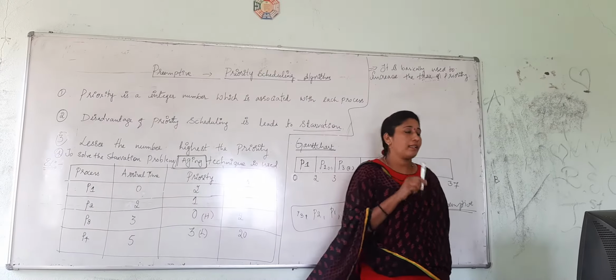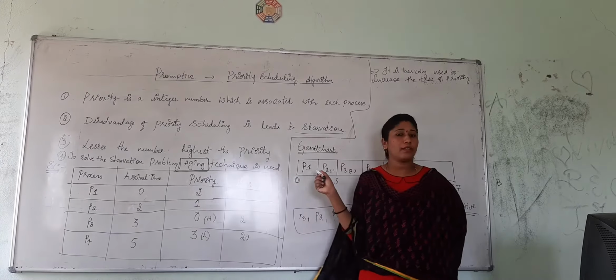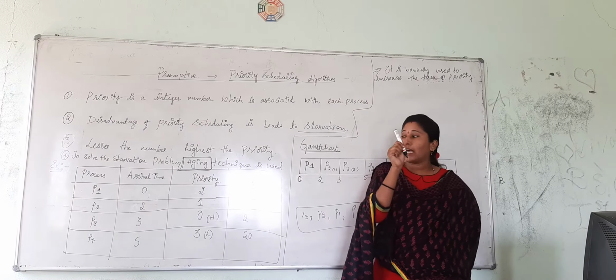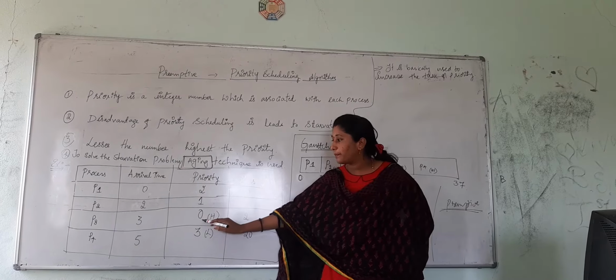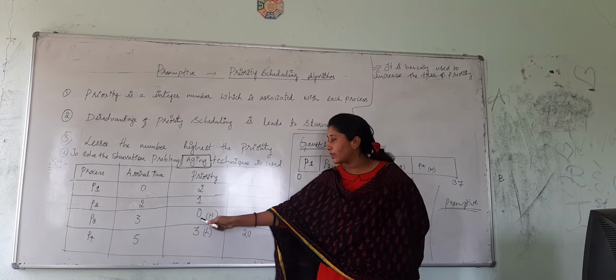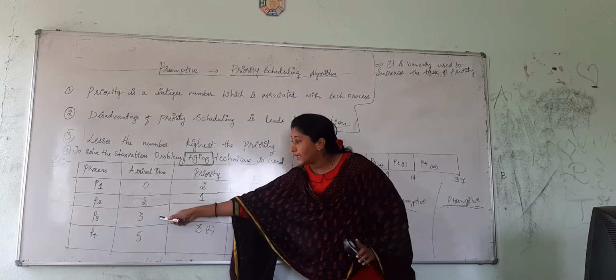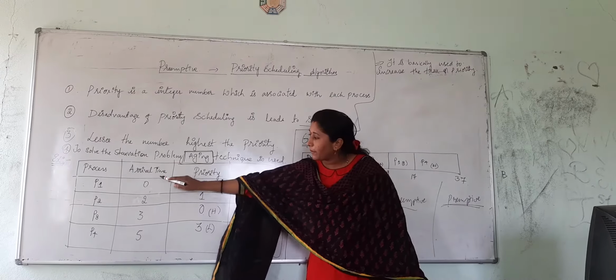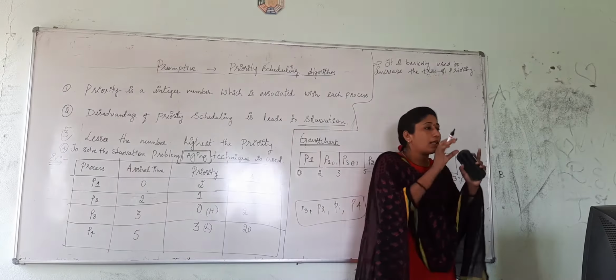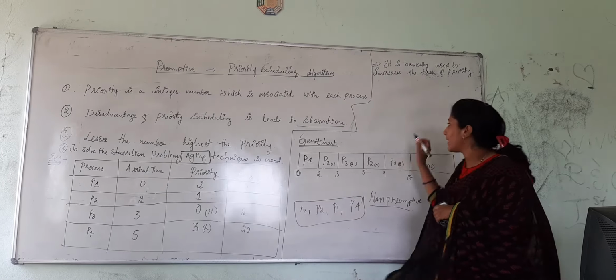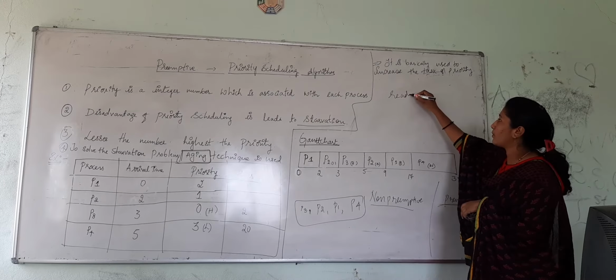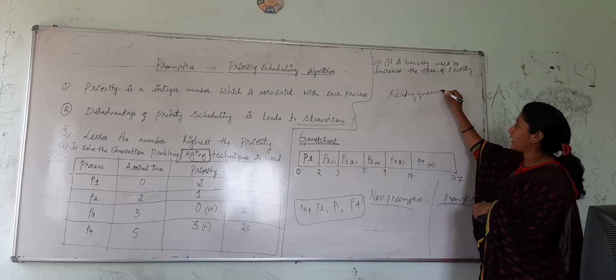We cannot give that process the CPU for execution because our first priority is P3. But the arrival time of P3 is 3. It means that till that arrival time comes, the remaining processes have to stay in the ready queue itself, right? For example, I will prepare a ready queue here. How will my ready queue look?